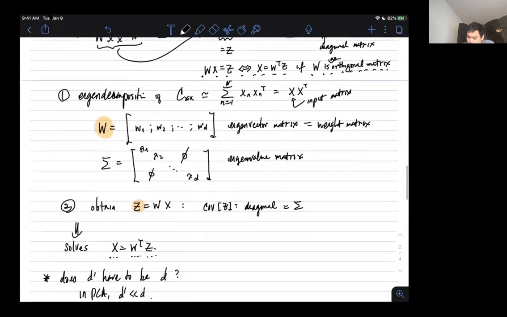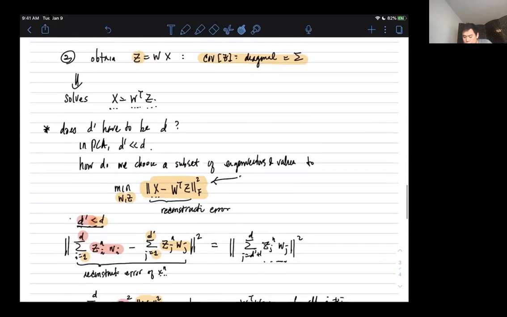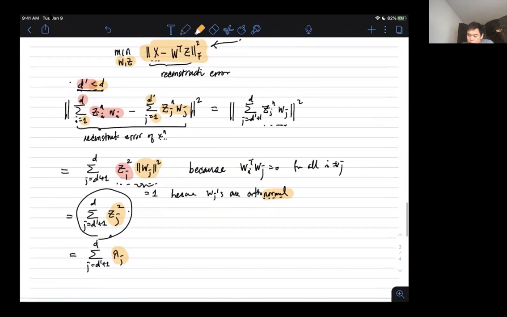The covariance of Z is this sigma matrix that is diagonal and consists of all these eigenvalues. What this means is that because Z is centered, this Z_j squared computes the jth eigenvalue, meaning that the reconstruction error is proportional to the sum of the eigenvalues that were left out. So that is left out, right?